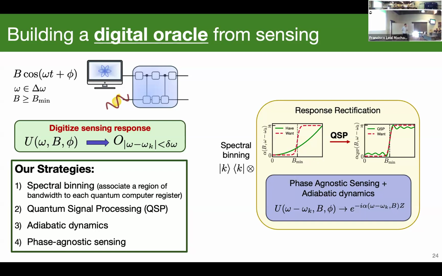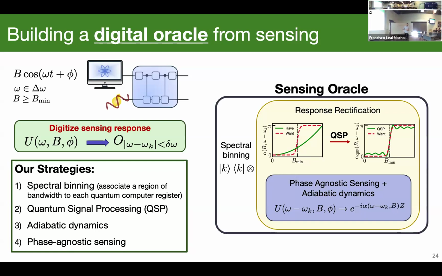And this is going to allow us to do this not only targeting different frequencies, but also doing it in a quantum coherent fashion across the entire bandwidth that we're looking at. And together, this is going to build our sensing protocol. And that's going to play the role of this primitive that we then place inside a larger algorithm.